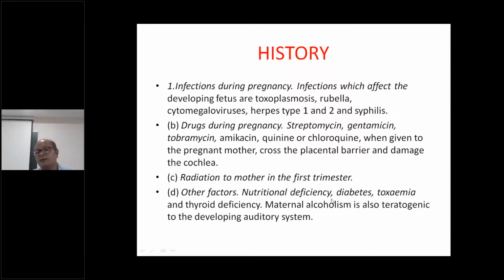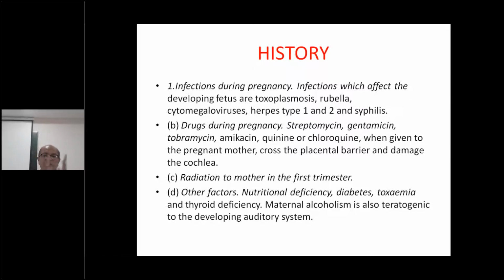Coming to the history, history starts the day the child is conceived. Here, particularly the history of the mother during pregnancy, whether the lady had taken all the vaccinations or not, like for TORCH and for the tetanus toxoid.